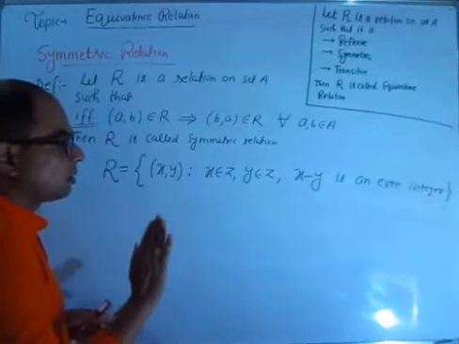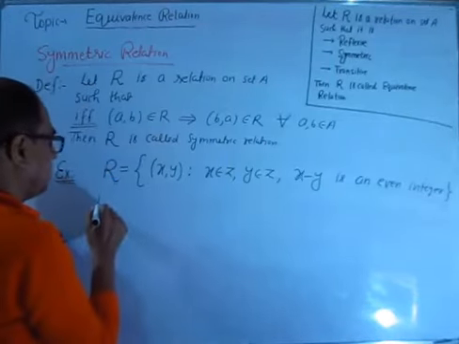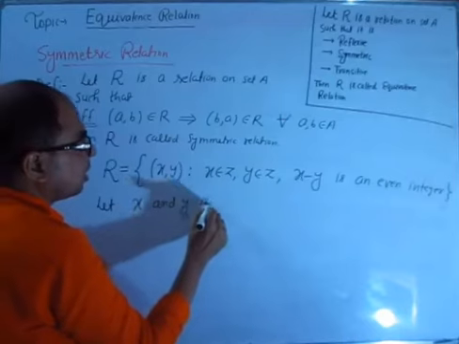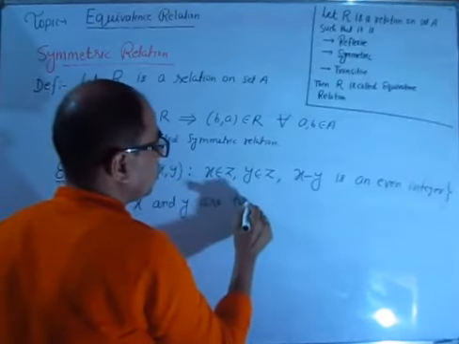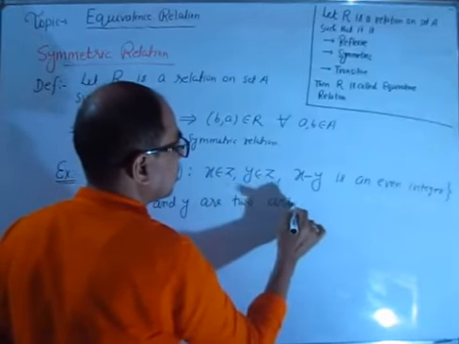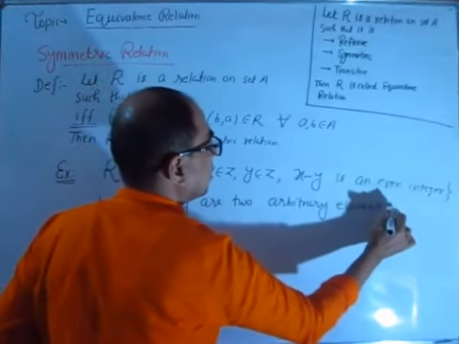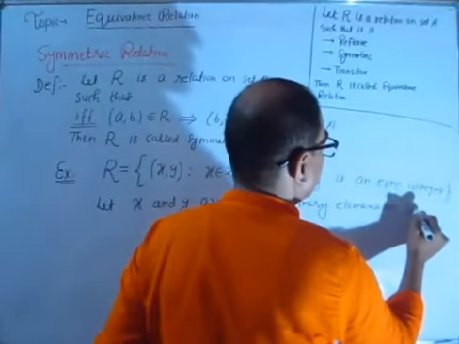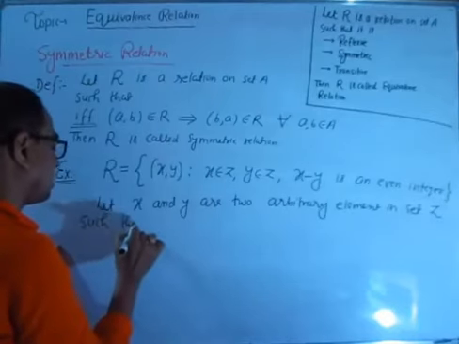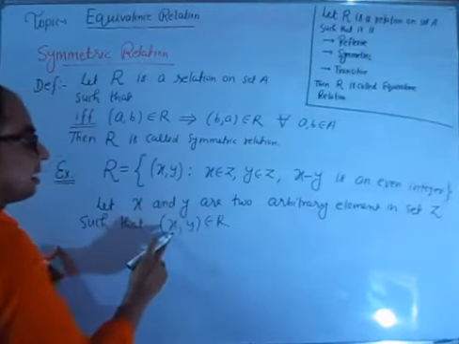Let x and y be two arbitrary elements in set Z such that (x, y) belongs to R. It means x is related to y.